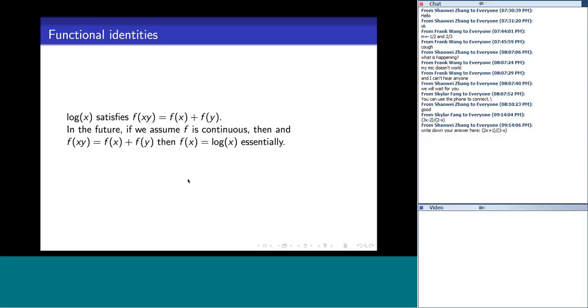You can prove that if f(xy) = f(x) + f(y), then f(x) essentially is log x. But you usually have to use calculus and a continuous function.